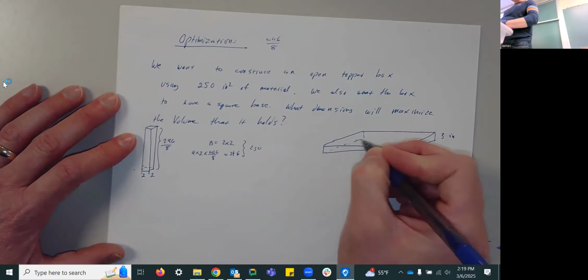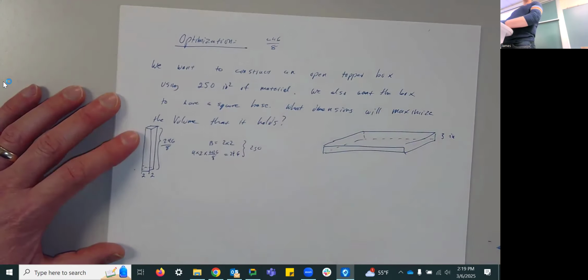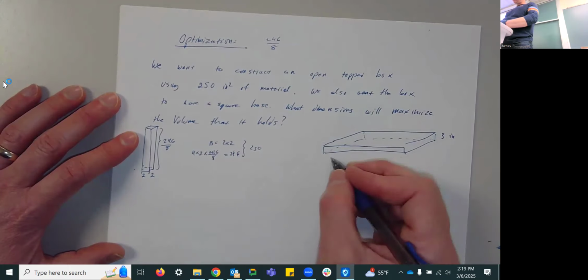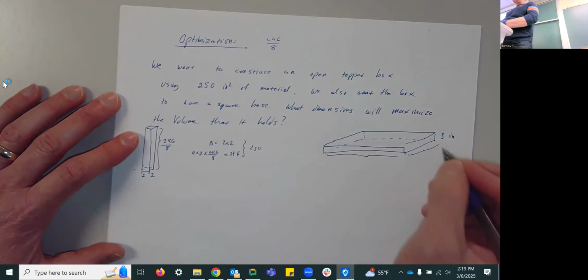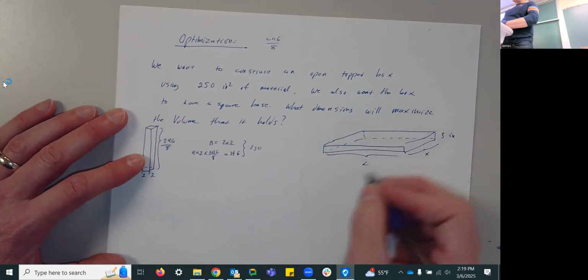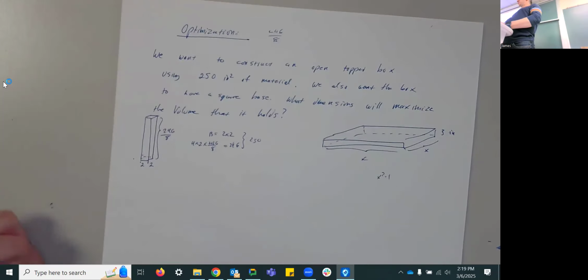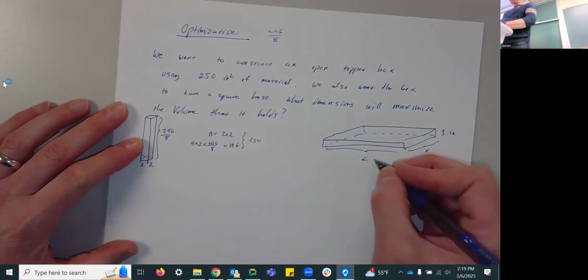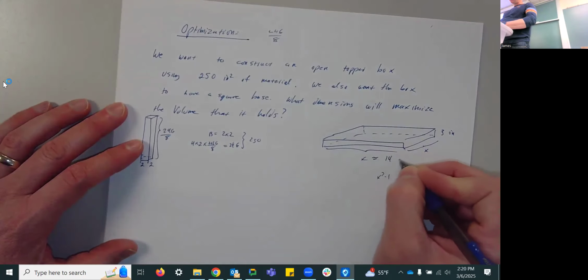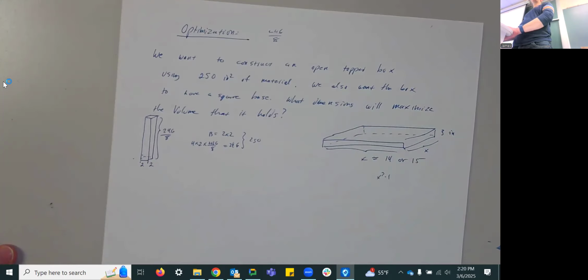Sorry, I made up different numbers to make the problem slightly more interesting, and I'm regretting it immediately. Anyway, the volume here would be x squared times 1, and x is probably something on the order of 14 or 15. 15 times 15 is 220. So 220 cubic inches of volume, not a lot.